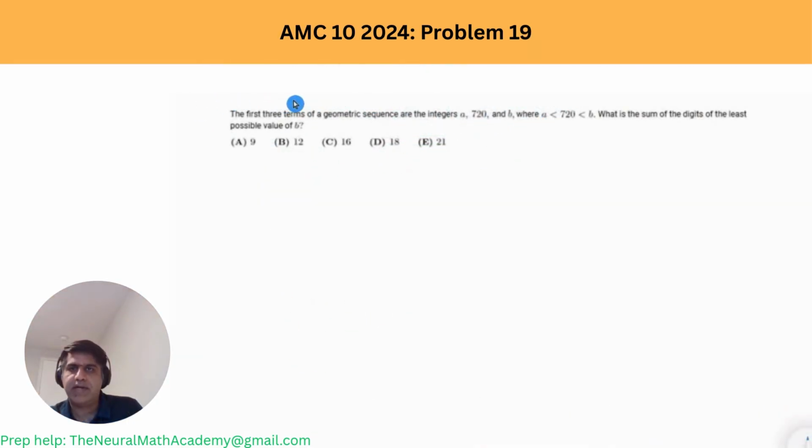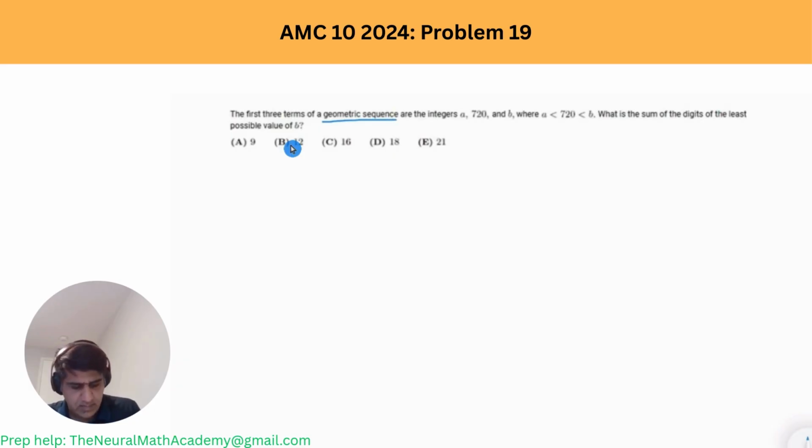Let's look at problem 19, where we are given that the first 3 terms of a geometric sequence are the integers a, 720 and b, where 720 is greater than a and less than b. What is the sum of the digits of the least possible value of b? So we are already told that this is a geometric sequence.